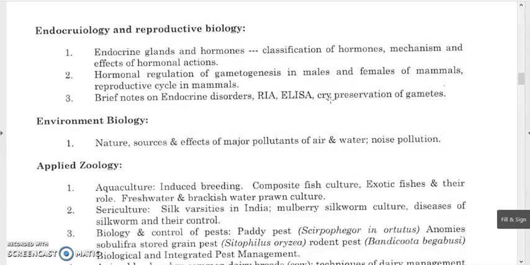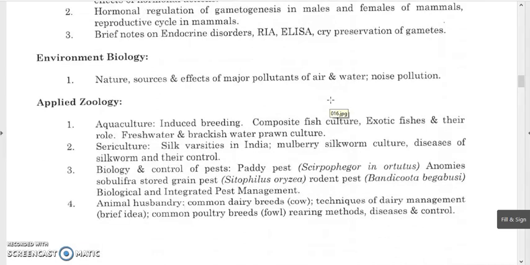And next is environmental biology, nature and sources of major pollutants, air pollutants, water pollutants, noise pollution.